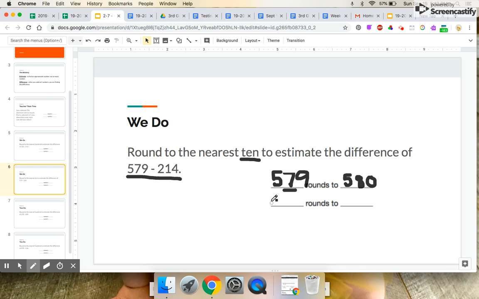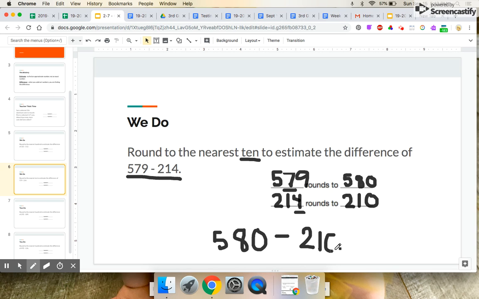My next number that I'm subtracting is 214. So again, think about if I'm rounding to the nearest 10, what would that become when I'm rounding? I'll look at the ones to round to the nearest tens. 4 means I'm rounding down. So this number, 214, rounds down to 210. Now I can subtract those numbers to see my estimated difference. 580 minus 210.